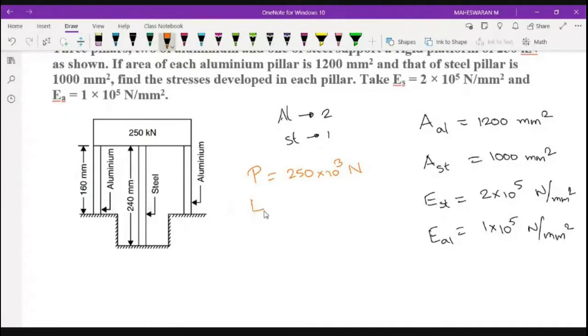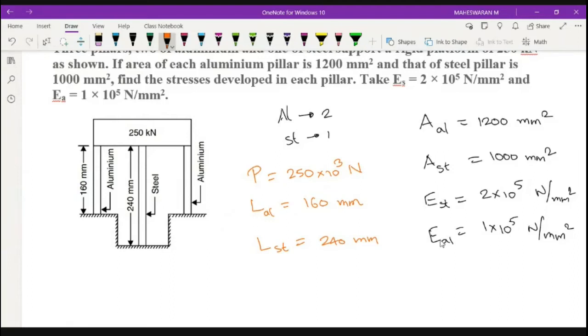Length for aluminum is 160 mm, and length for steel is 240 mm. So from the figure, I identified these data. Now we got all this data, so we only have to substitute accordingly.